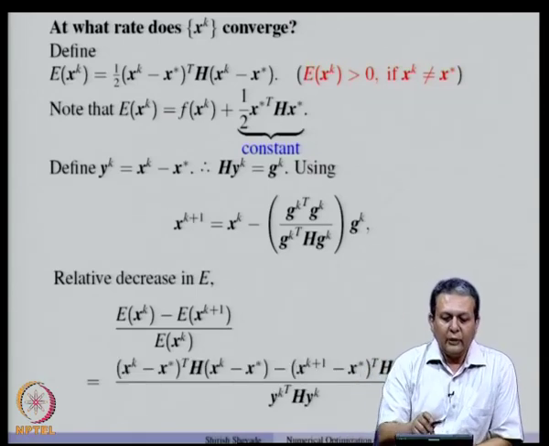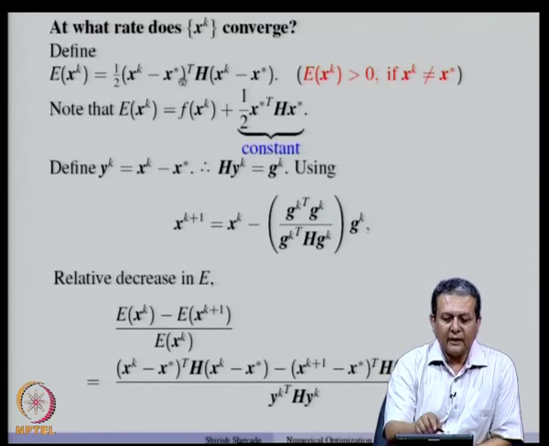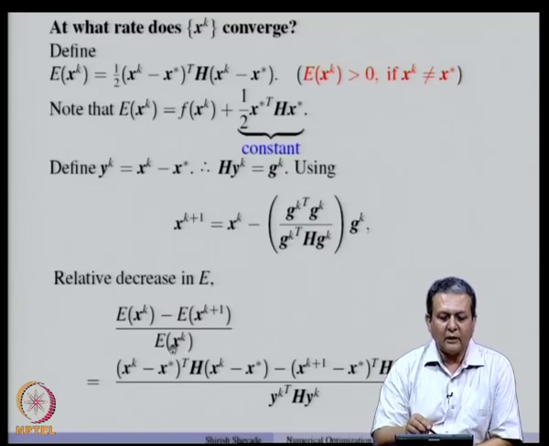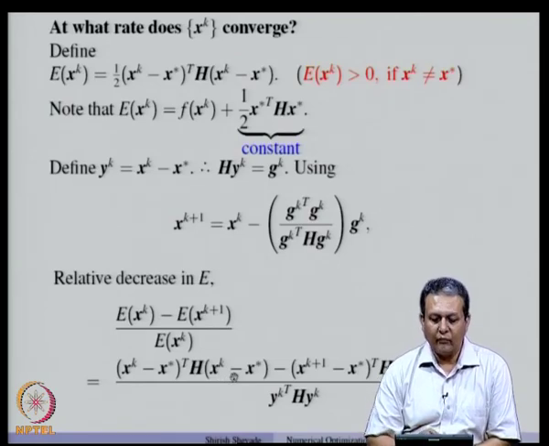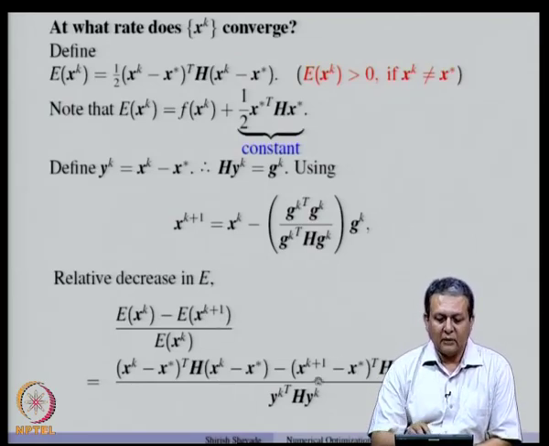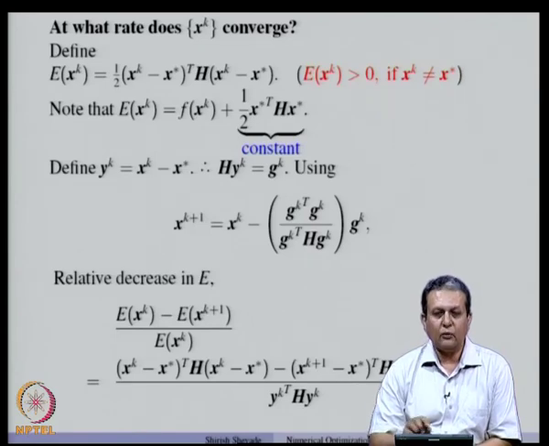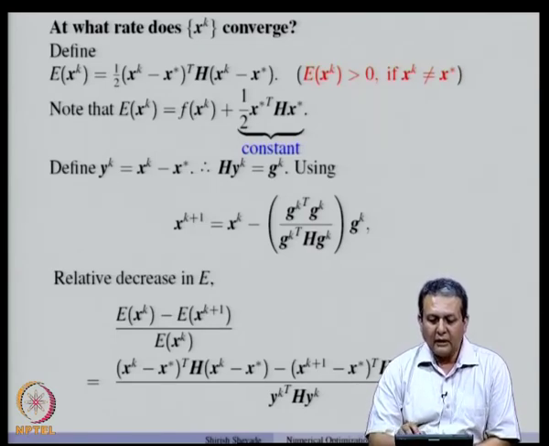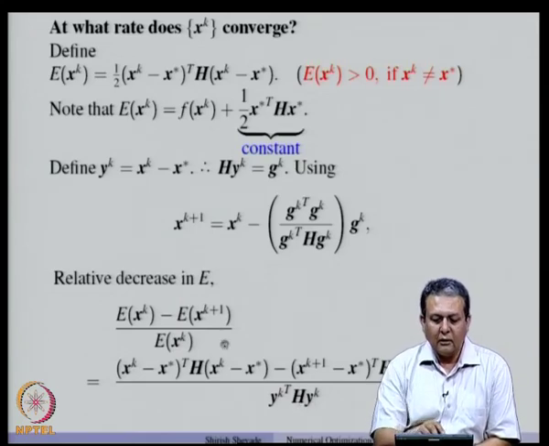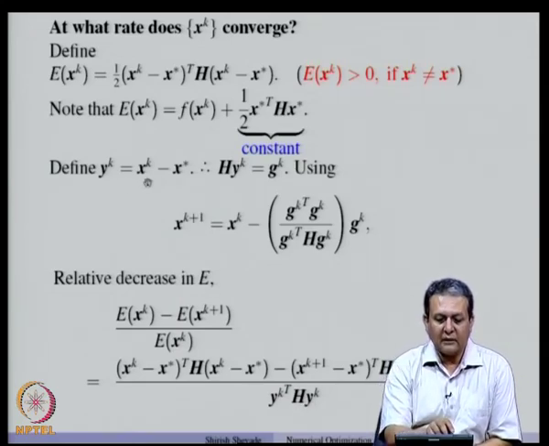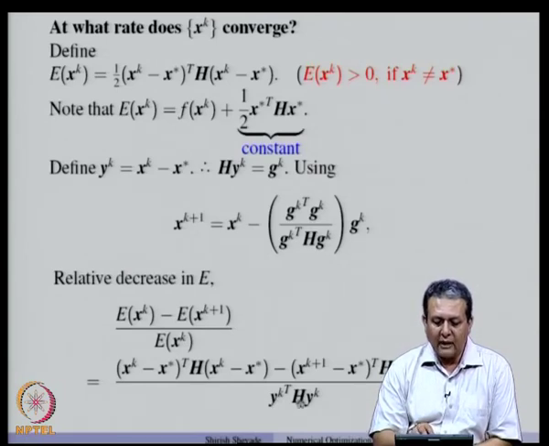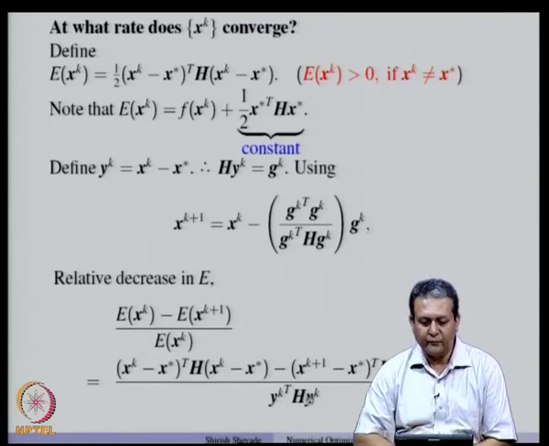Now, if we use this definition of E(x_k), and since the factor half is common to both the numerator and denominator, we can get rid of that factor. What we get is (x_k minus x star) transpose H (x_k minus x star) minus E(x_{k+1}), which is nothing but (x_{k+1} minus x star) transpose H (x_{k+1} minus x star), and in the denominator I have replaced x_k minus x star by y_k. So, we have y_k transpose H y_k.